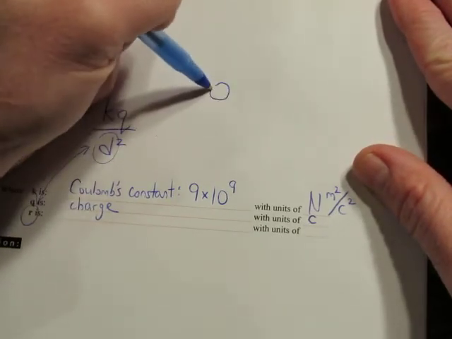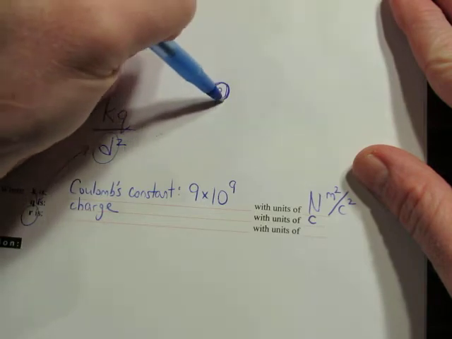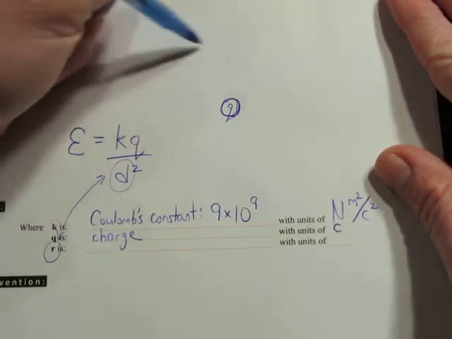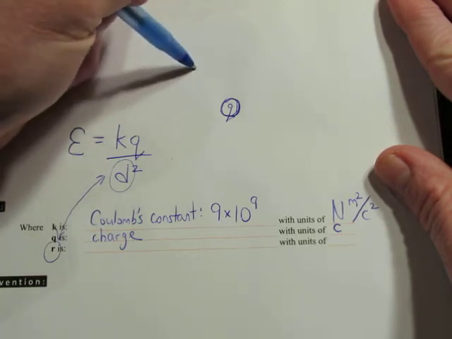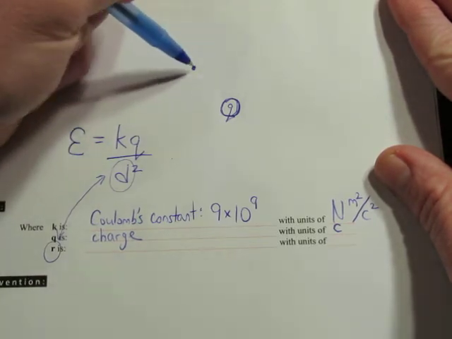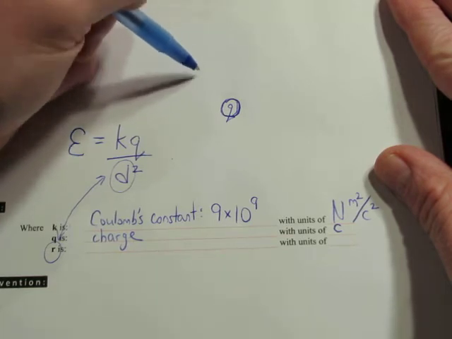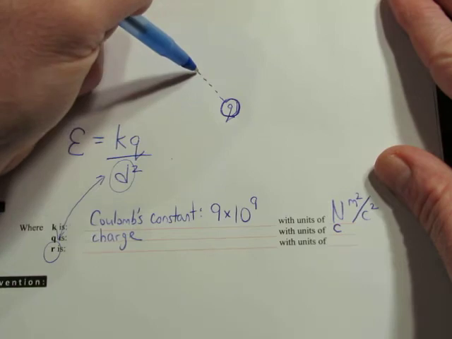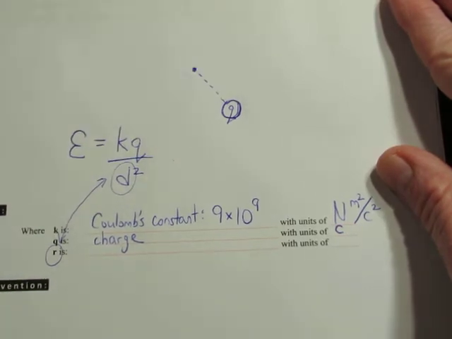If you have a charged particle, Q, and you want to look at a space this far away, right there, and I'm drawing a dot instead of a charge because there's nothing there. I'm just putting a dot there because this far away we want to say, what's the electric field right there?